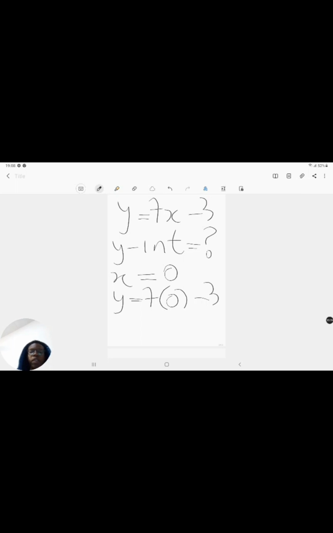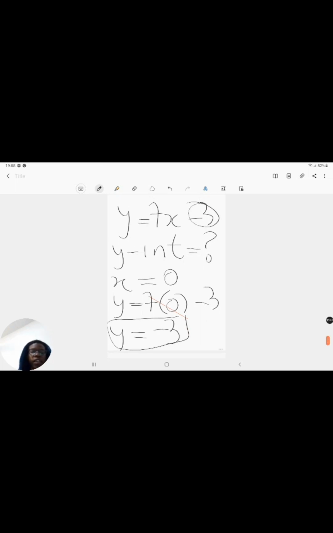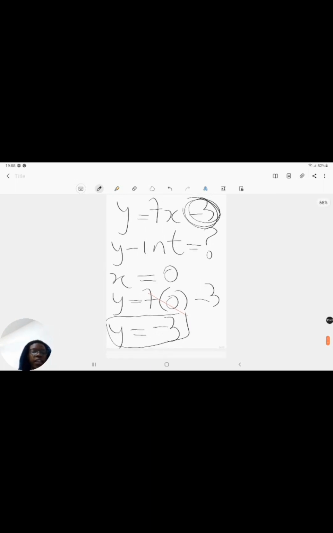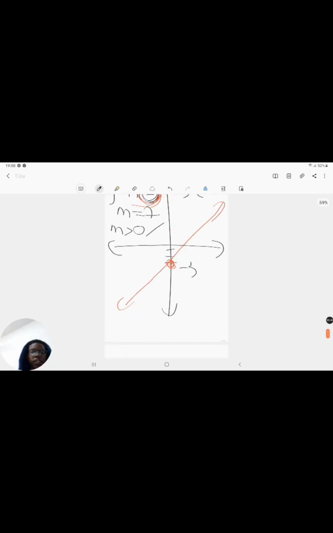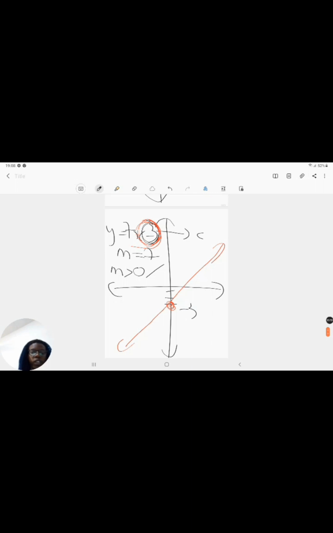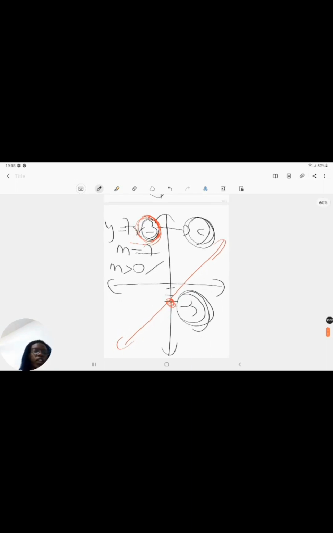And we know that anything multiplied by 0 is 0, so that will fall away, and then you will ultimately be left with y is equal to minus 3, and that is your y-intercept, minus 3. You can see that it's the same as that value there. That's your c, which we spoke about earlier on in the very beginning of this video.